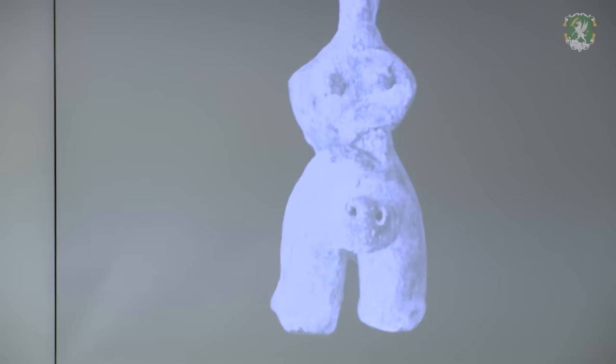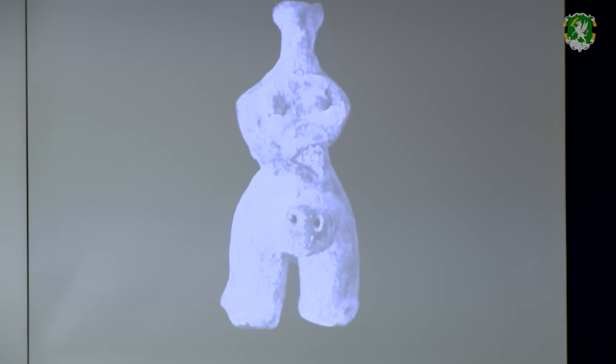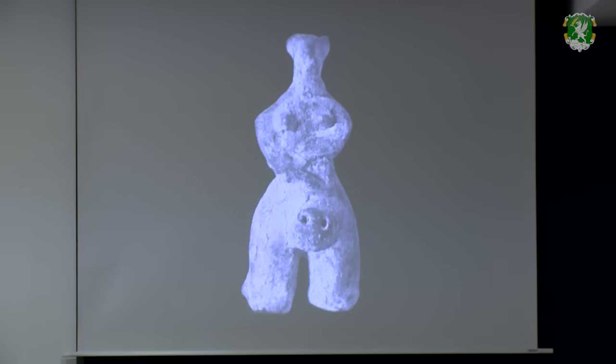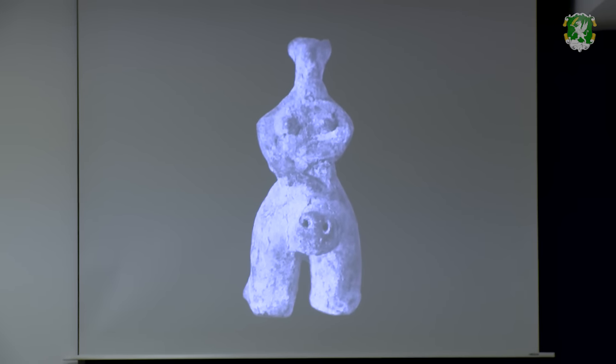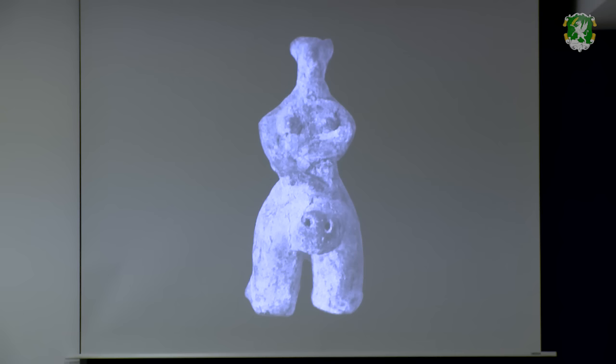I will speak about two general types of human representations. There are many, but they anyway assert that there is a variety of how the human body was perceived and how the human body was shaped in clay. So in this sense, I will speak about miniatures, which are figurines, and about hybrids, and a specific type of hybrids, which are anthropomorphic house models.